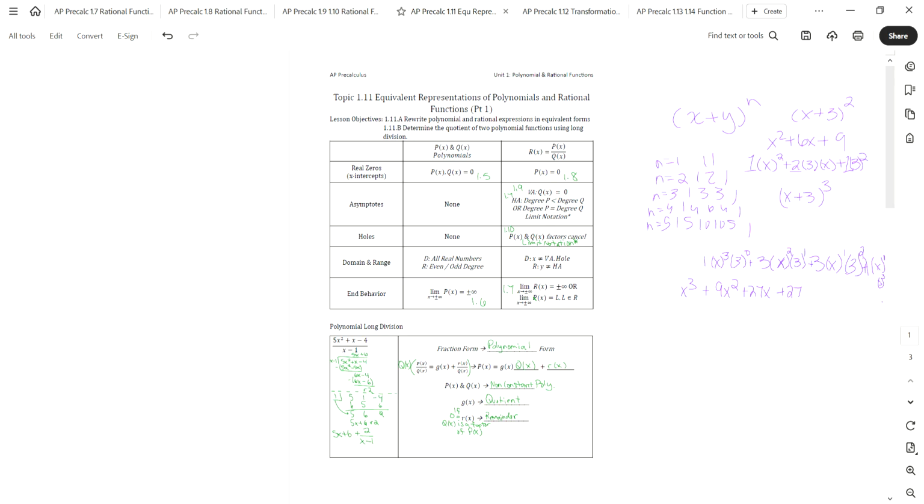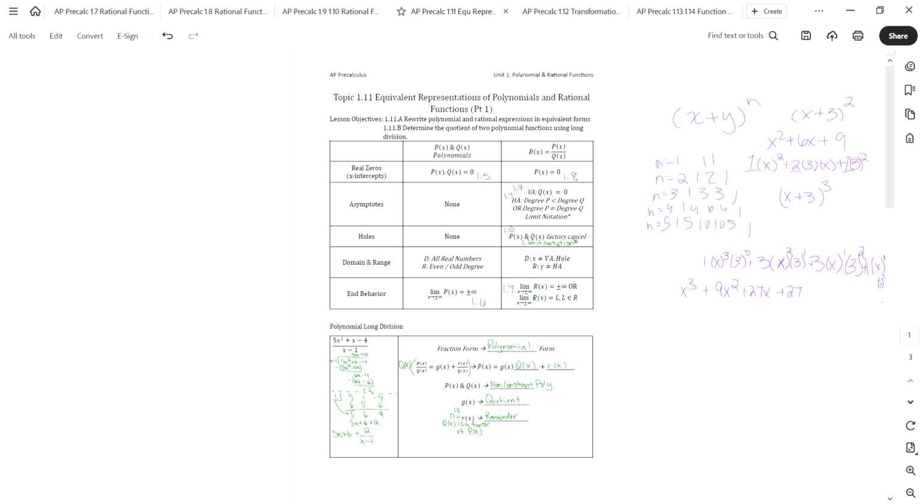There are AP classroom questions that you're going to see on the progress check where you are going to be doing some expanding. One other thing about this is they can ask you about particular pieces, like dealing with the coefficient and things like that.